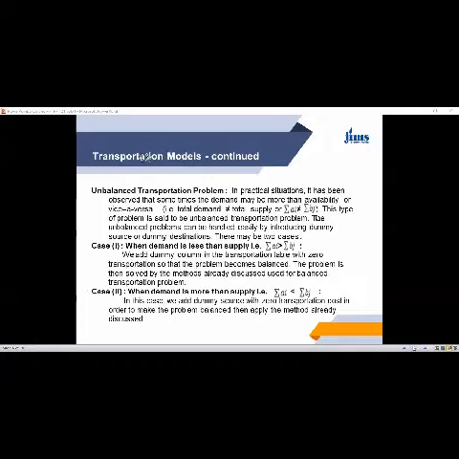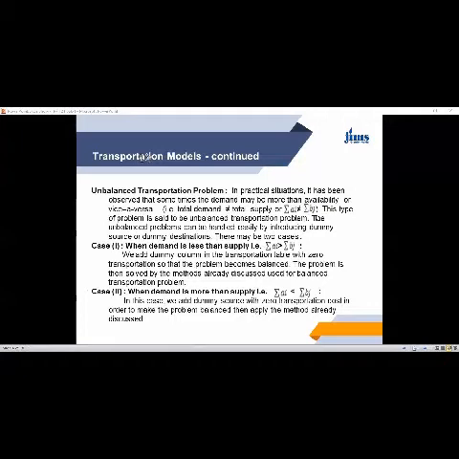So the unbalanced transportation problems are generally handled by introducing dummy source or dummy destinations. There could be two cases: when demand is less than supply or when demand is more than supply. When demand is less than supply, it means sigma Ai is greater than sigma Bj. Bj is the demand and Ai is the supply of a particular source.